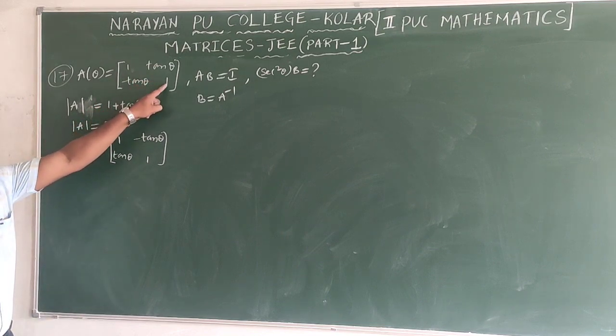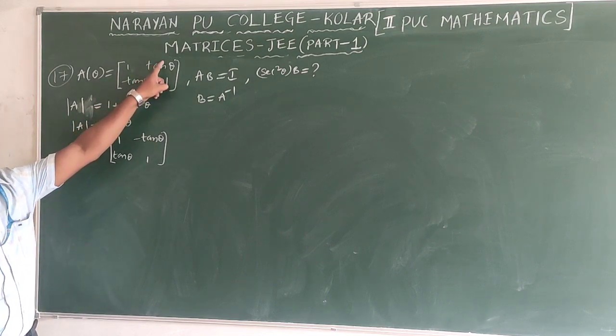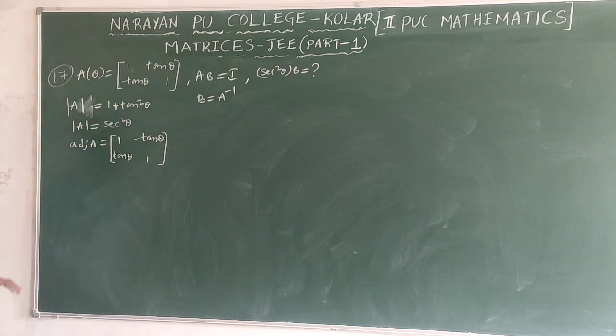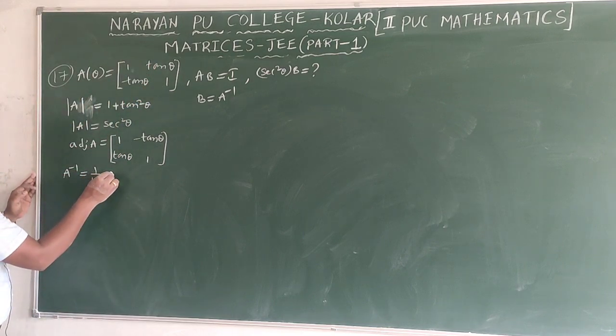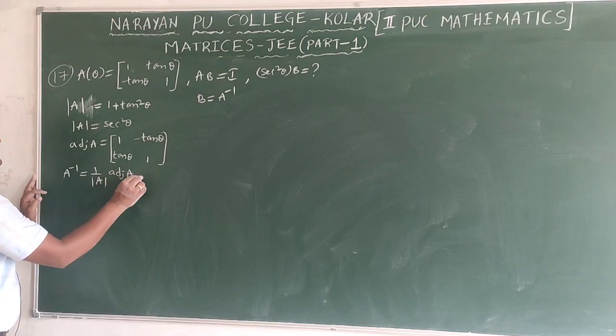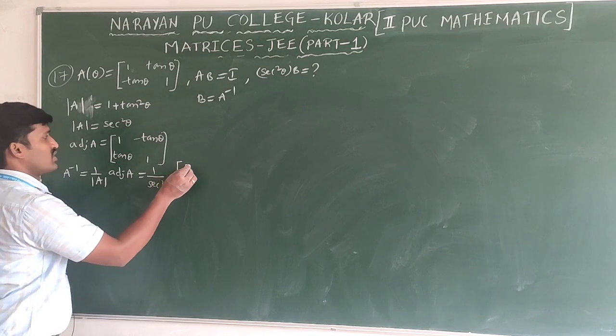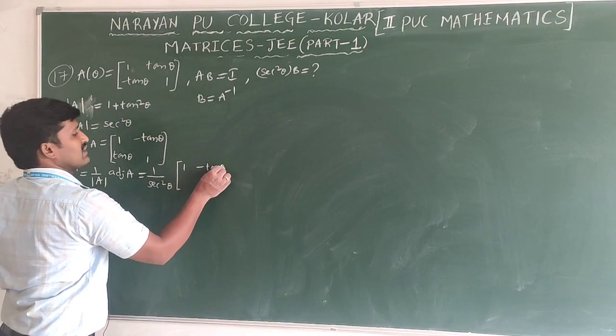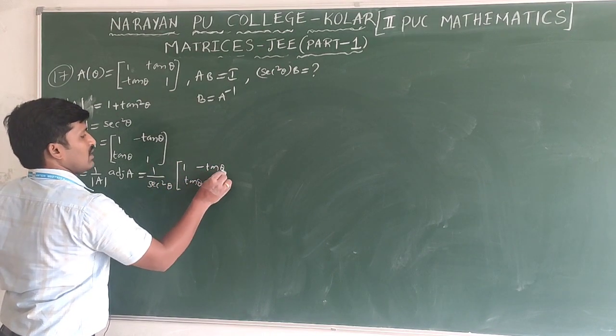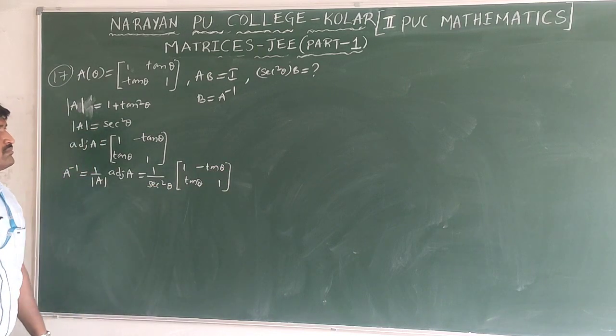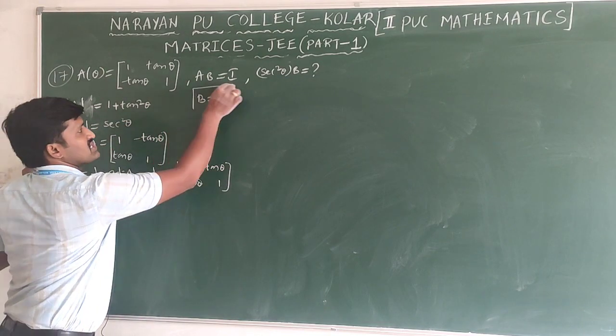Interchange diagonal and change sign only for non-diagonal elements. Now from this, directly, the A inverse formula, what? 1 by det A into adjoint A. 1 by det A is secant square theta into adjoint A, what? 1, minus tan theta, tan theta, 1.